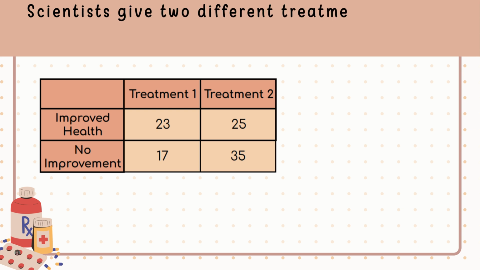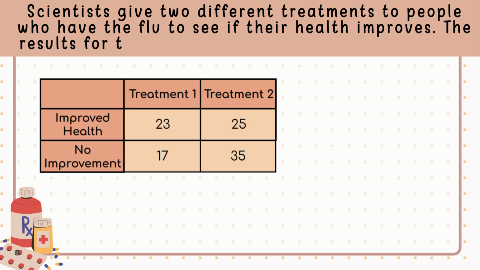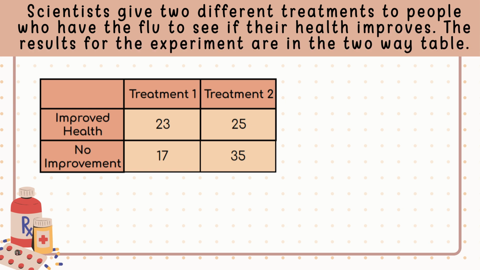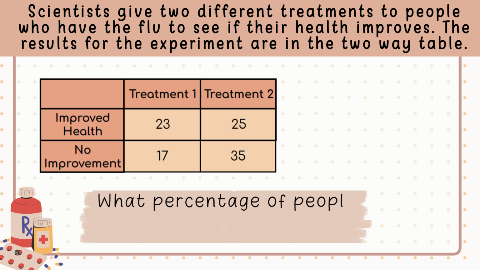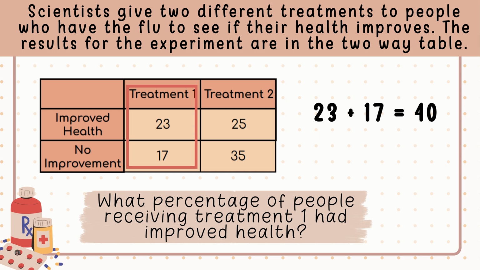Scientists give two different treatments to people who have the flu to see if their health improves. The results for the experiment are listed in the two-way table. What percentage of people receiving treatment 1 had improved health? We can find this by looking at the relative frequencies. So we'll start by looking at the column of treatment 1, and we'll add these together. Adding 23 plus 17 gives us a total of 40.